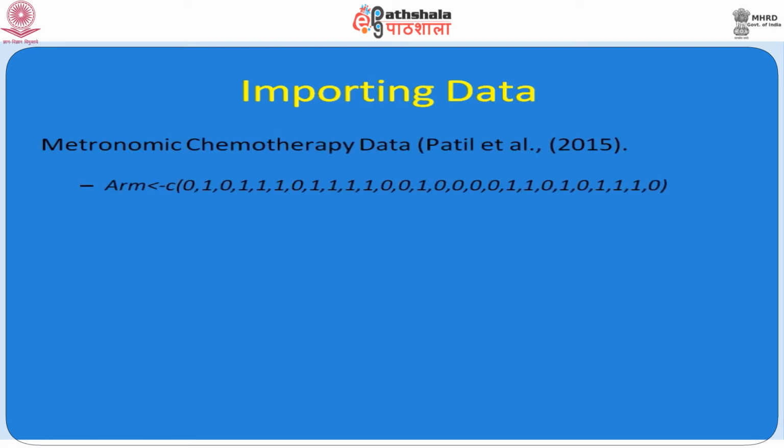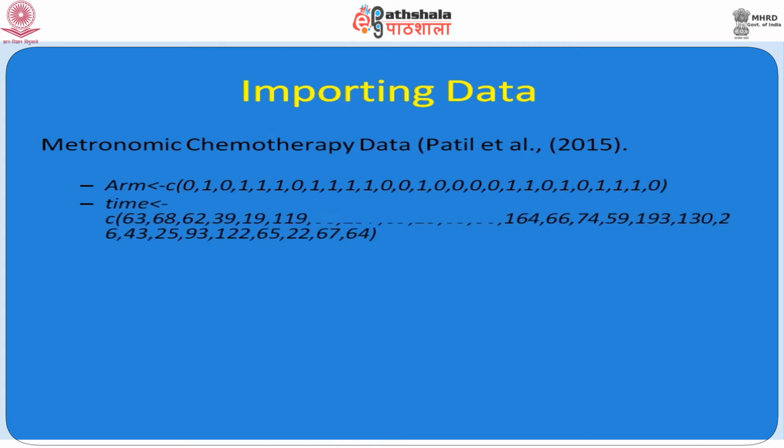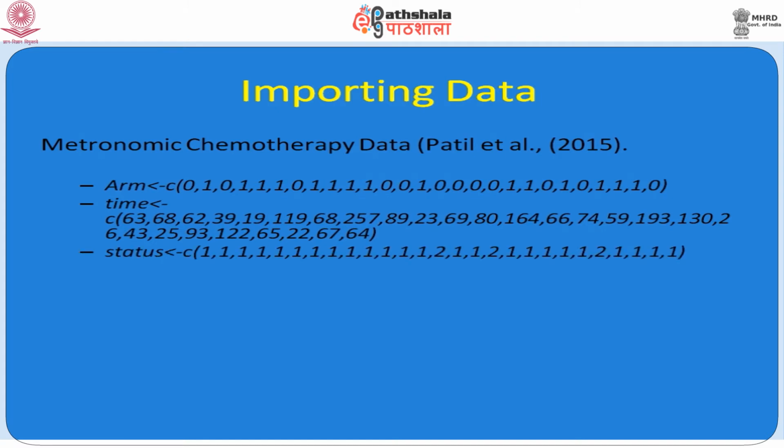Now the first variable is arm: 0 stands for the cetuximab arm and 1 stands for the methotrexate arm. The second variable is time, that is, for the first individual it was observed for 63 days, the second individual 68 days, and so on. The third variable, status, is again given as 1 or 2.